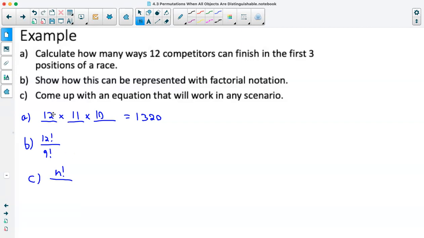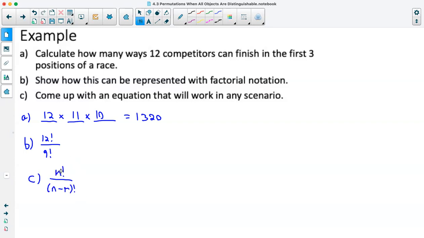We had 12 factorial, but missing the first 3 terms up here, so 1, 2, 3 terms. Essentially we had 12 minus 3, which gave us this 9. So what we can do is say n factorial over n minus, let's give another variable, let's say r, factorial.